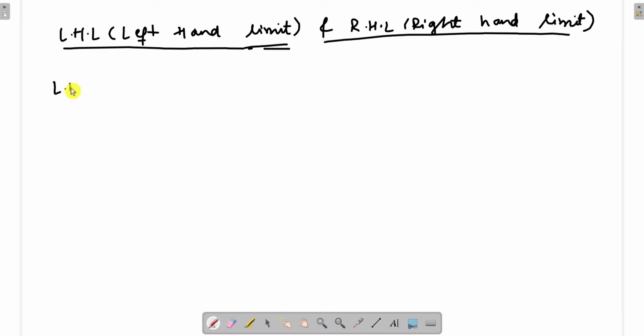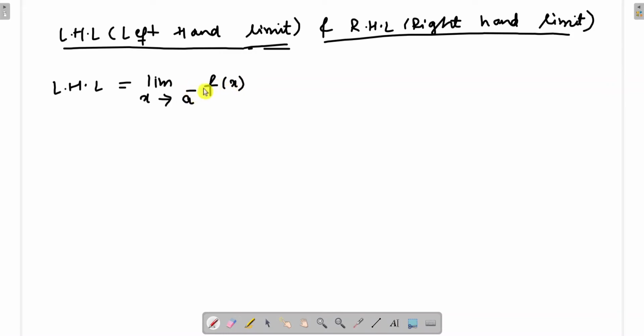So the left hand limit is given as this: limit as x tends to a minus of f(x). This is how we denote the left hand limit.